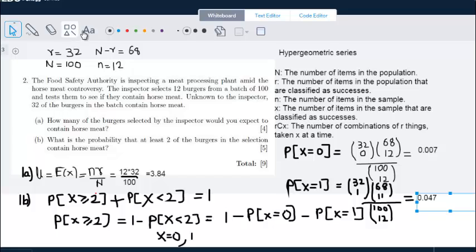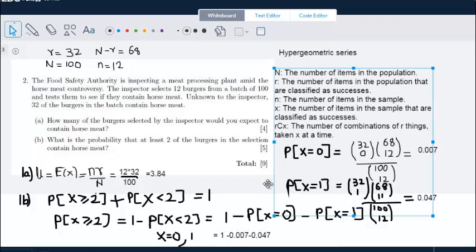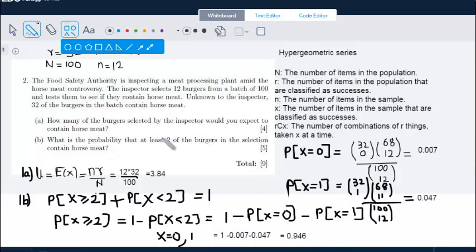Now just substitute those values here. This is equal to 1 minus 0.007, the probability x is 0, minus 0.047, the probability x is 1. So the final answer is that the probability that at least 2 of the burgers in this selection contain horse meat is 0.946.